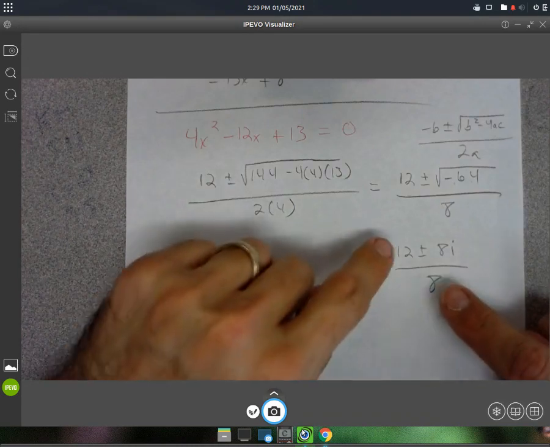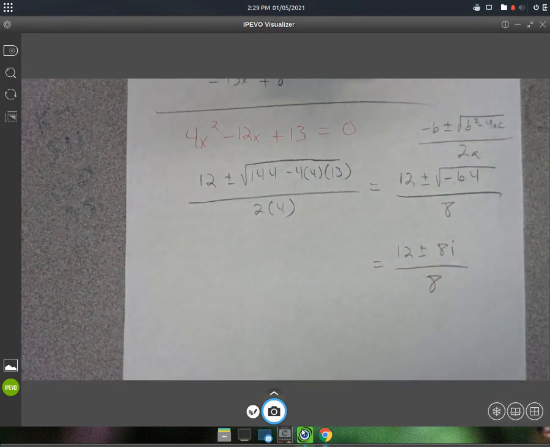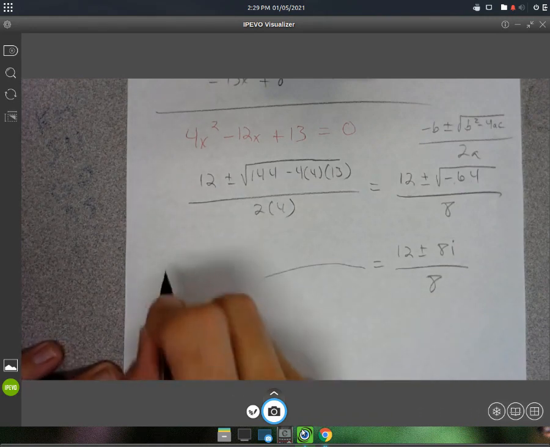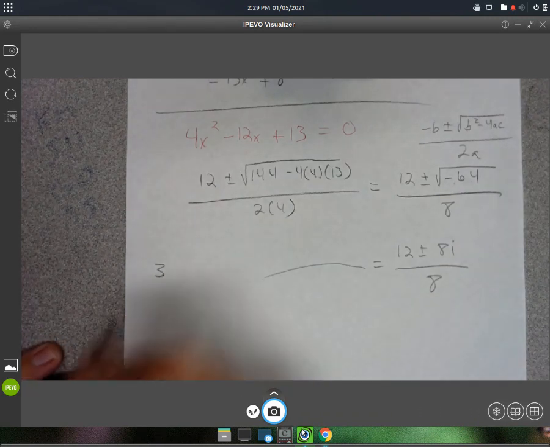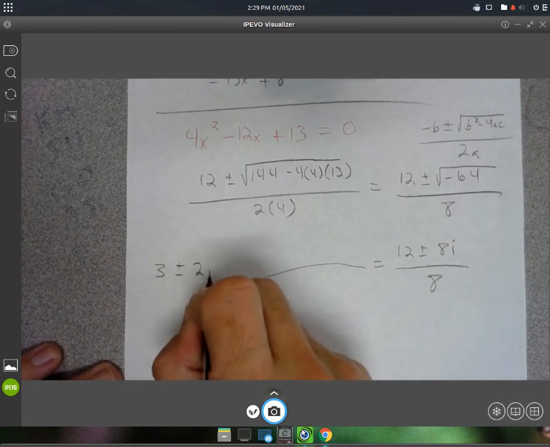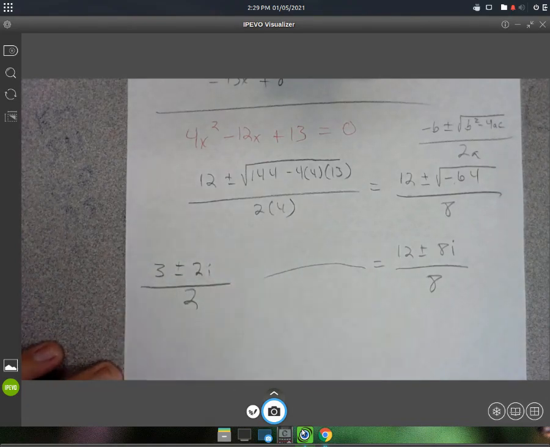And now you can divide them all by 4. So the 12 will become a 3, and the 8s will become a 2. And that would be your answer.